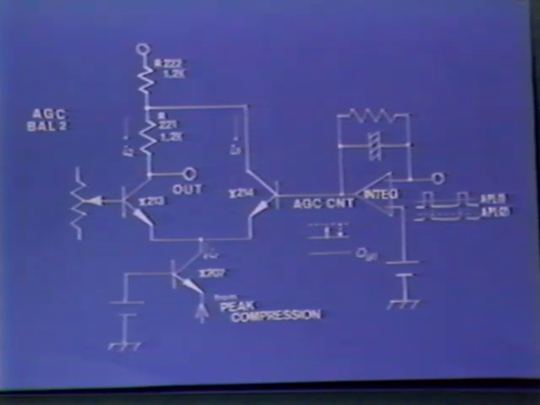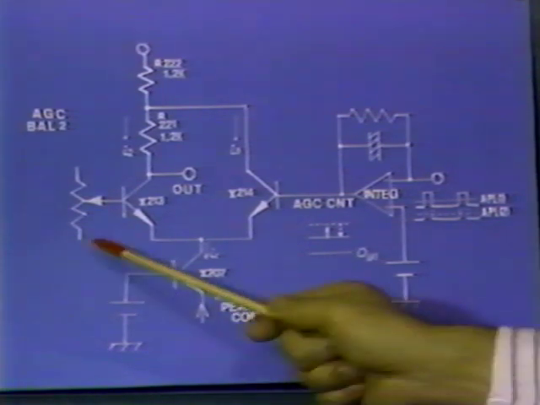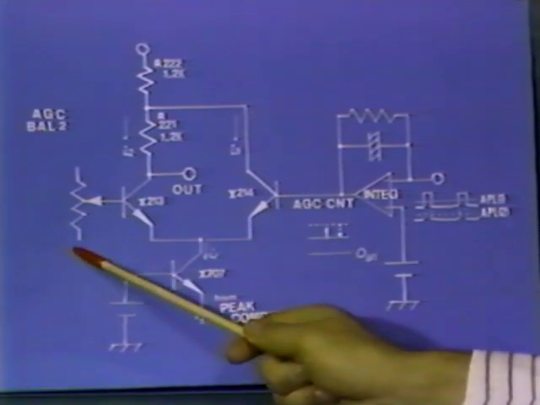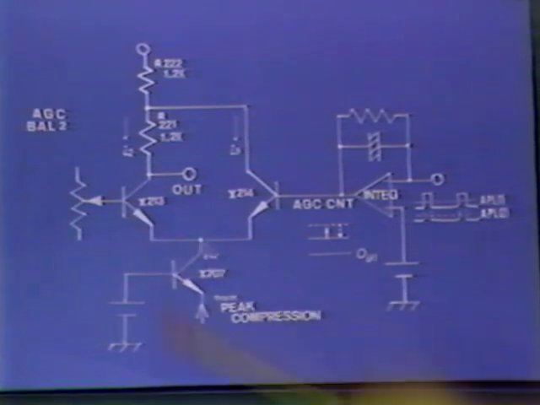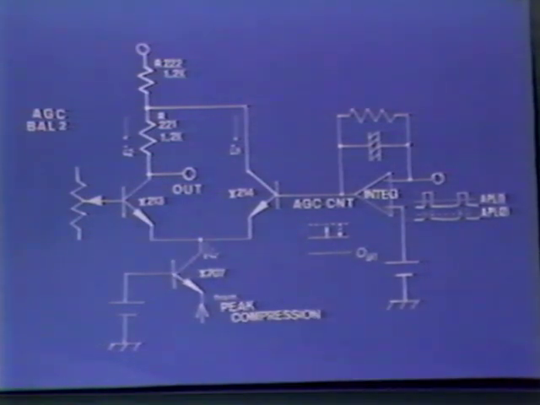The AGC balance potentiometer VR2 is to adjust the X213 base bias and determines the object's illuminance at which the AGC starts operating to increase the sensitivity. In practice, we adjust it not to make the AGC work until the auto iris is released.